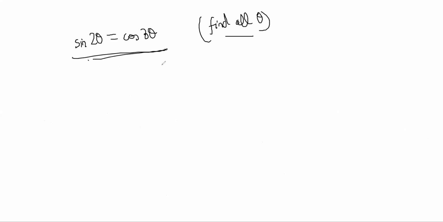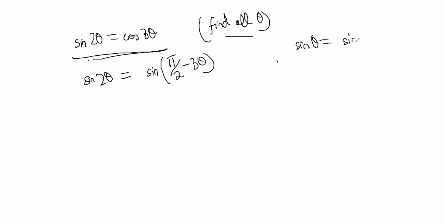When will this be true? Now it is not sufficient here to just find one angle and be happy. What we want is all possible angles. So I will write this as sine 2 theta equals sine of pi by 2 minus 3 theta. Now notice that it is fitting our pattern. When we have an equation like this, then we know the answer.